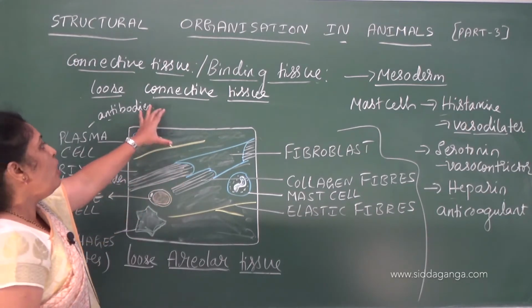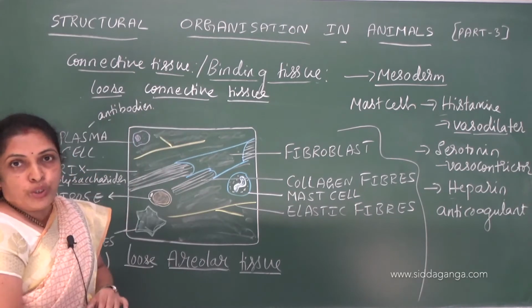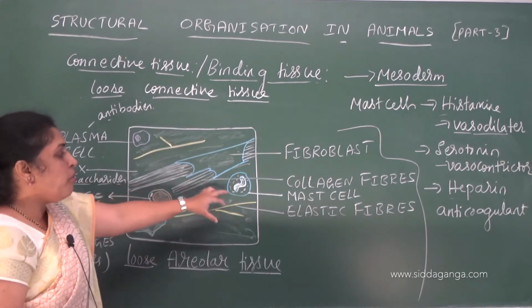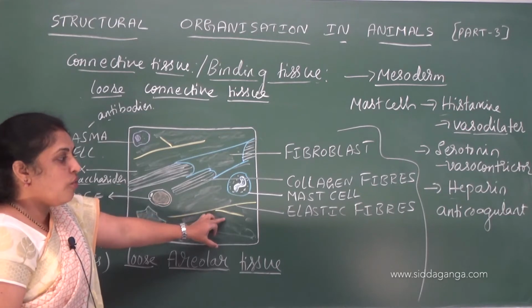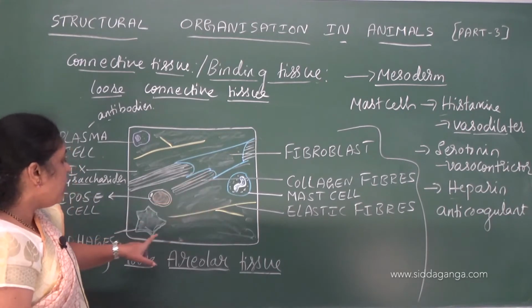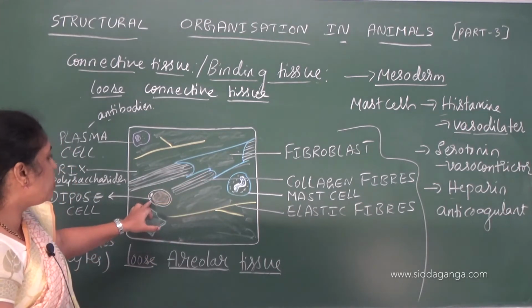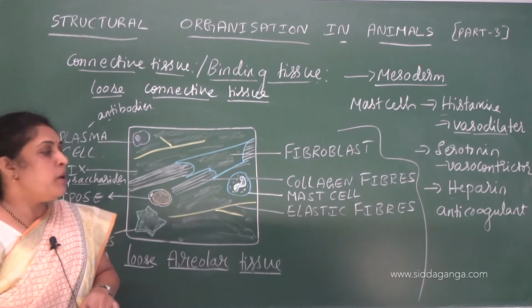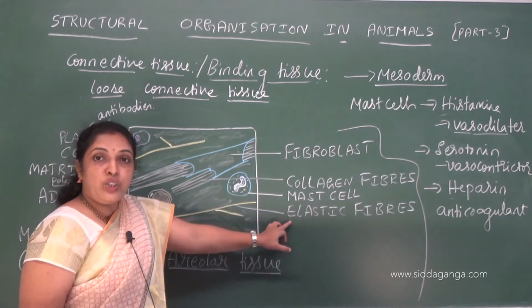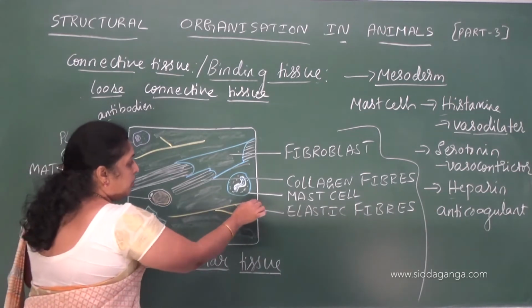Understood? So loose areolar connective tissue is made up of mast cells, elastic fibers, collagen fibers, macrophages, adipose cells and plasma cells.